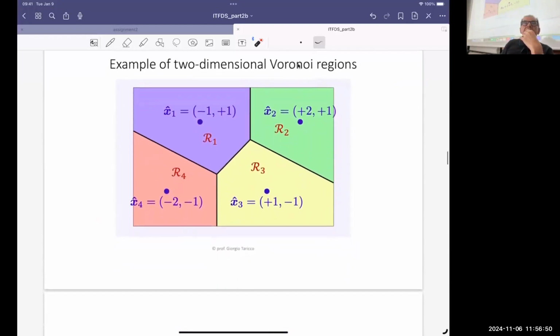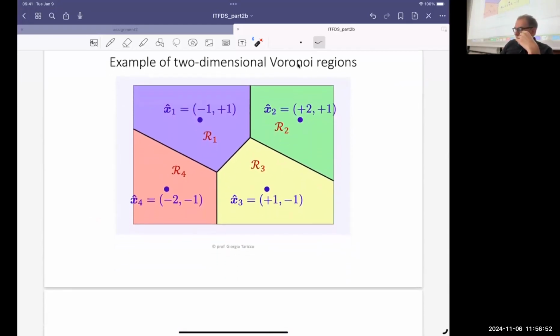So for example, if we consider a two-dimensional representation containing these 4 quantization points, the 4 corresponding Voronoi regions can be obtained in this way.